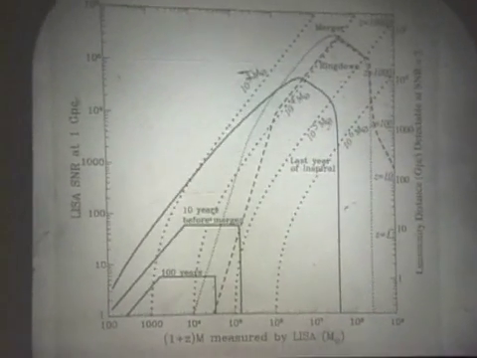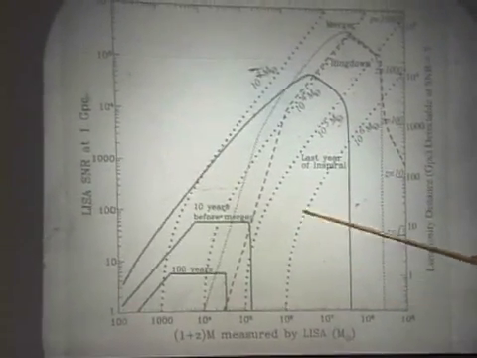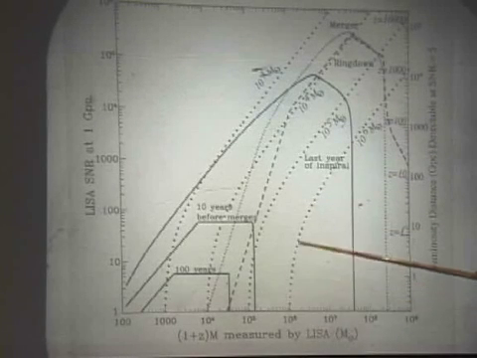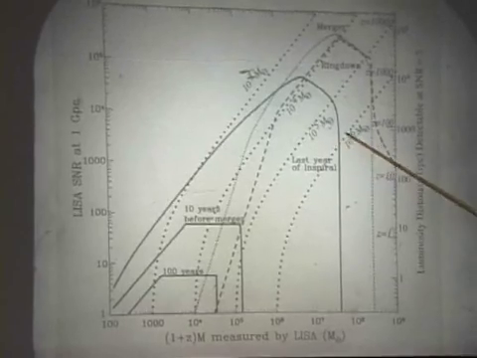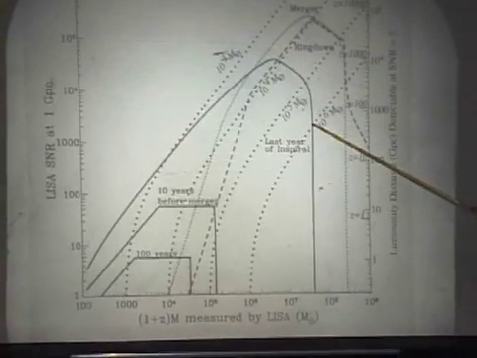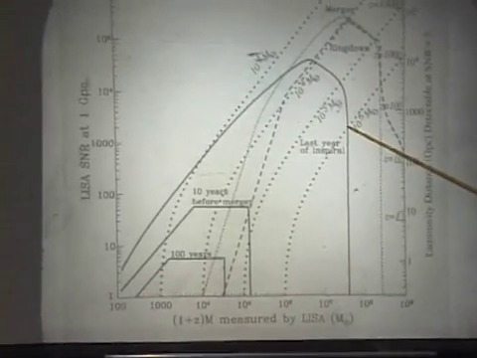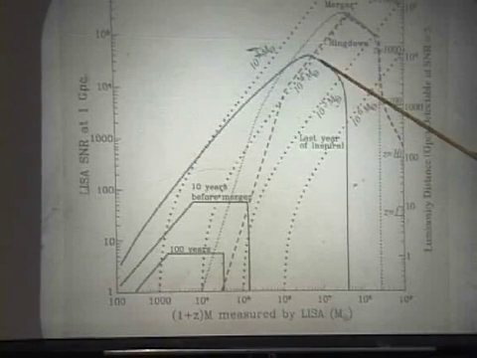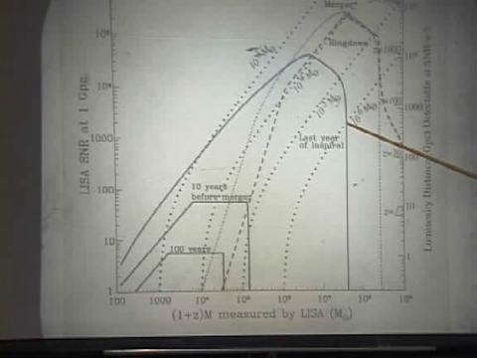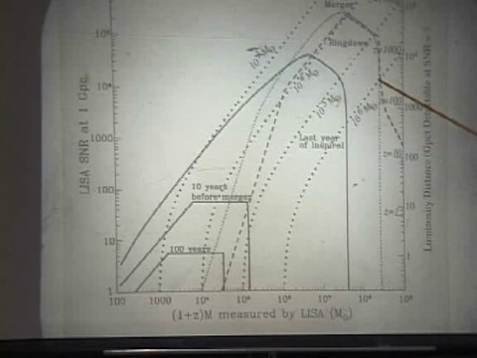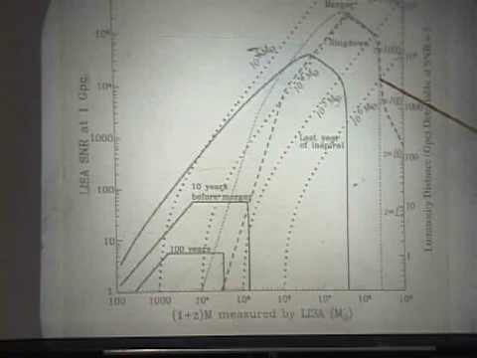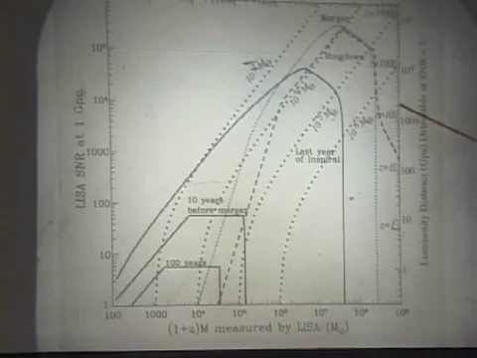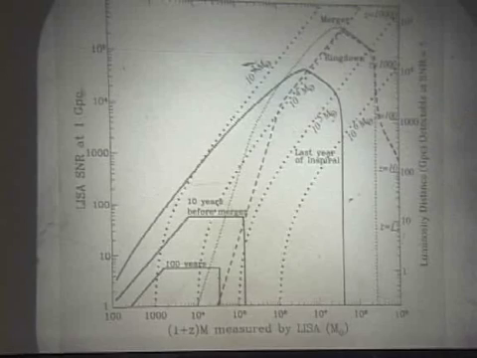If you just want to see m, those are the dotted lines. For instance, for 10 to the 6 solar masses, you can see where the in-spiral waves are, but the merger waves are going to be much stronger, and you're going to be able to see essentially an order of magnitude farther.